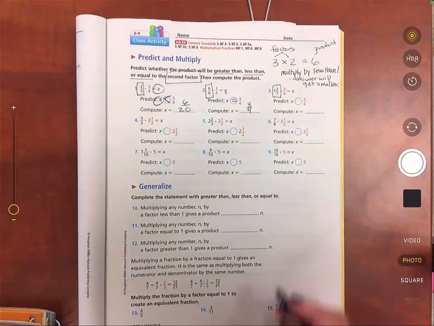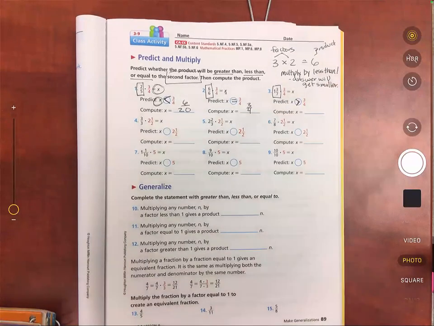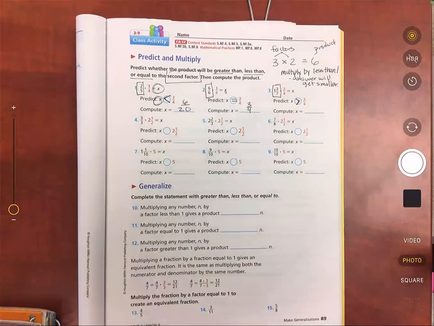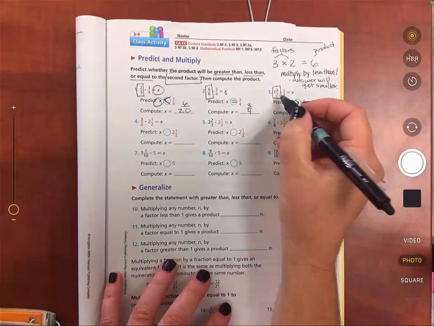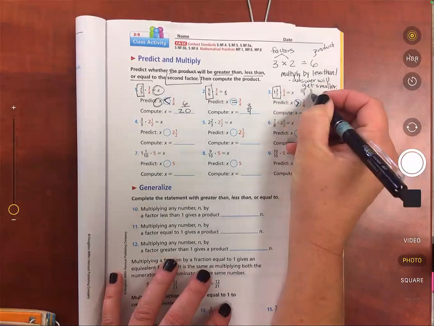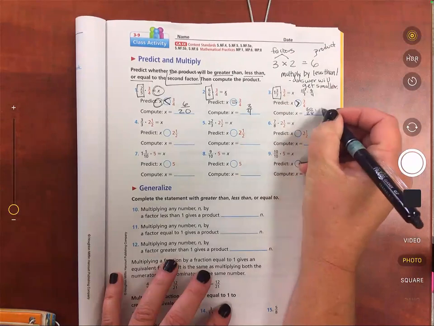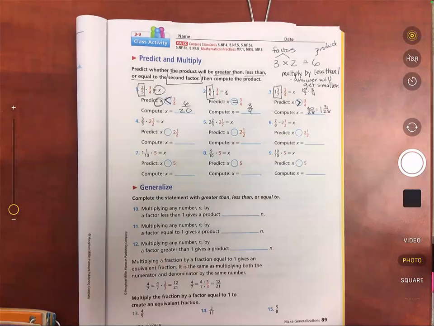My answer is going to be greater than 3/4 because I'm multiplying it by something larger than 1. Excellent. To solve it, 10/7 times 3/4 is 30 over 28, which is 1 and 2/28ths, which really we could simplify, but that's okay.